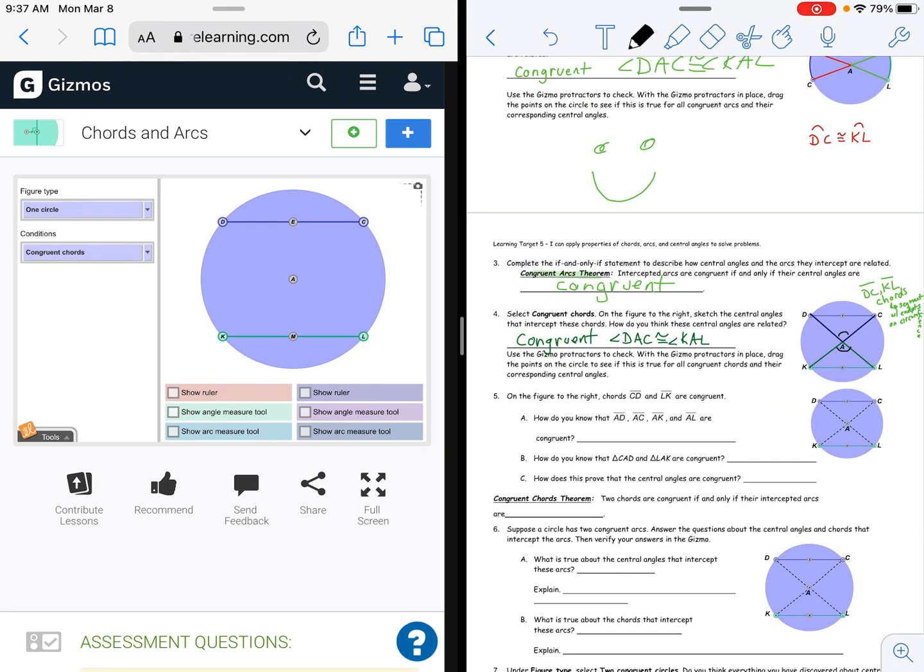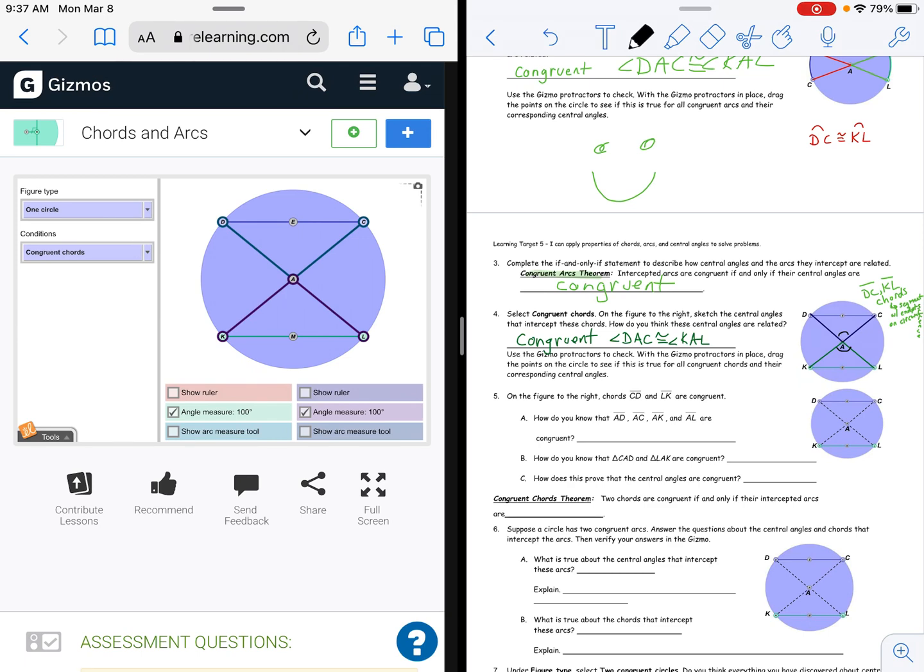All right, now let's check. Let's show angle measure. Let's actually make the angles, and bada bing, bada boom, they were both 100 degrees. I was right. Hooray me, I'm so smart. All right, so that's it again.